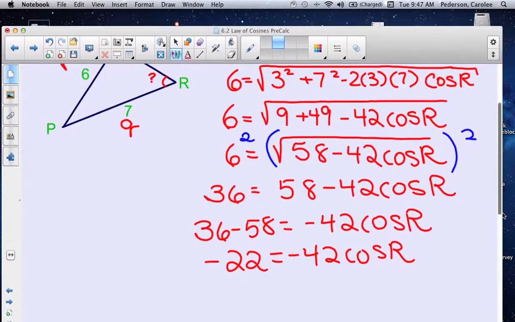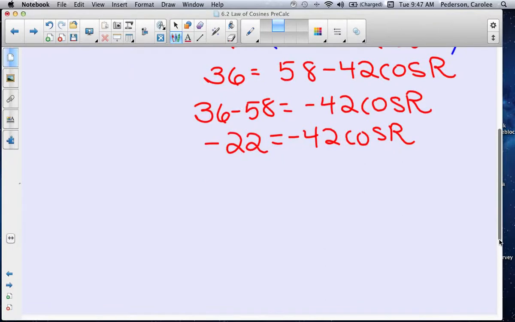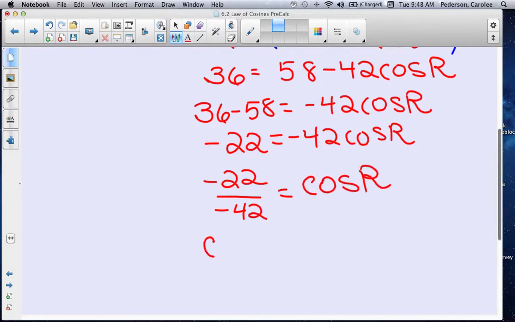Go ahead, then divide by negative 42. So negative 22 divided by negative 42. Cosine of R equals, as a decimal, 0.523.